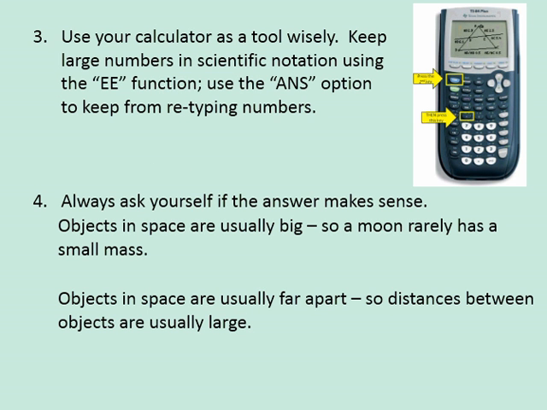The next thing is use your calculator wisely. It's a great tool. But if you're still doing a lot of the times 10 to the caret something, you're introducing a lot of levels of math where you've got to worry about order of operations. Please use that EE function to put numbers into your calculator in scientific notation.